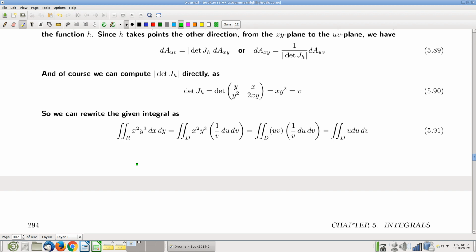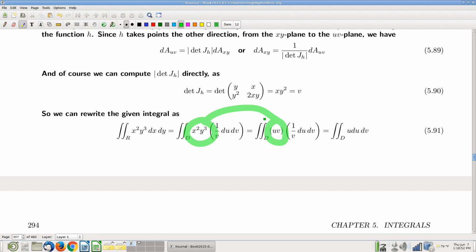Then start rewriting things. dx dy is the reciprocal of the stretching factor times du dv. You've got to just kind of play around with it to figure out how to write x squared y cubed, what our original integrand was. How do you write that in terms of u's and v's?